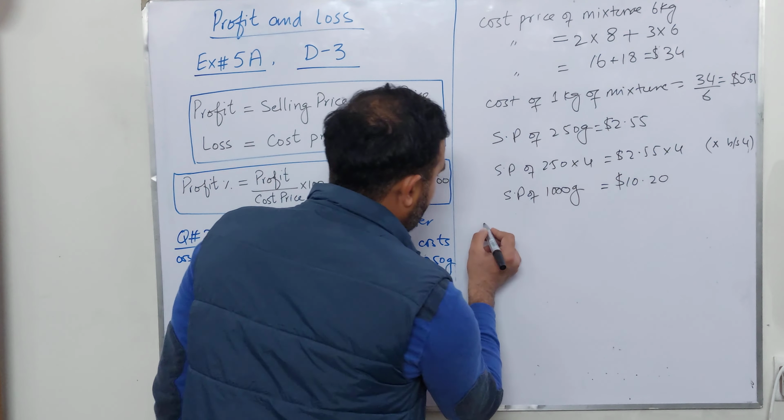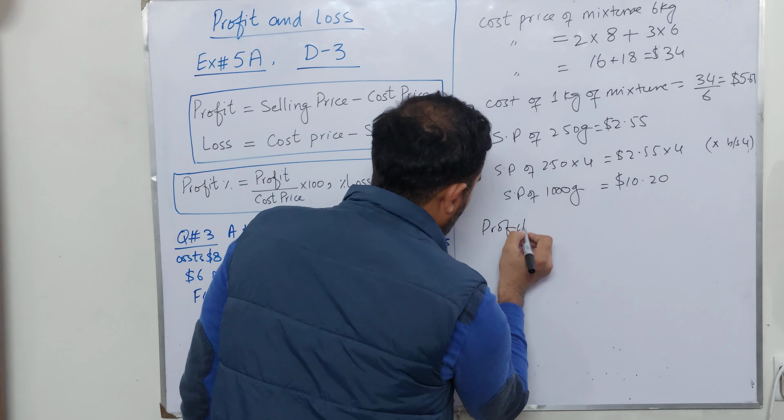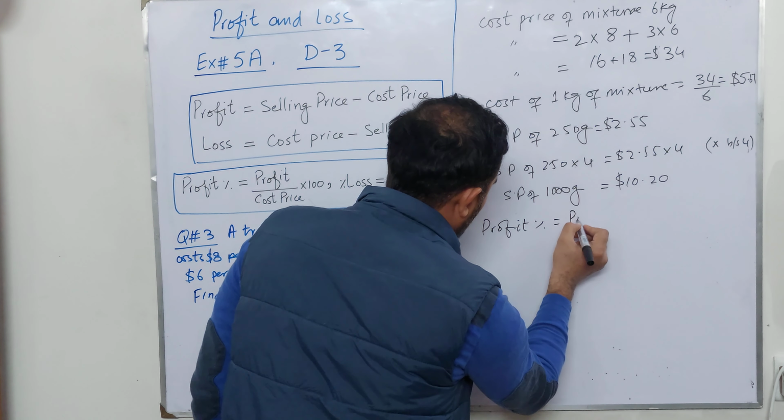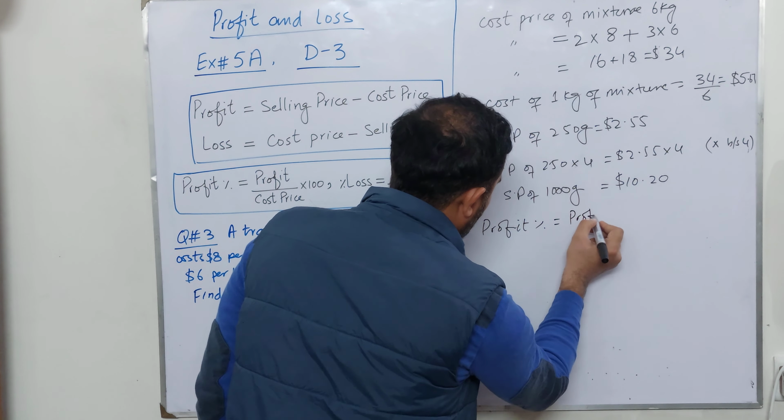So now profit percentage is equal to profit divided by cost price multiply 100. Here the difference is profit, right? So when the selling price is 10.2 and cost price is this, if we subtract the cost price from the selling price, we will get profit.